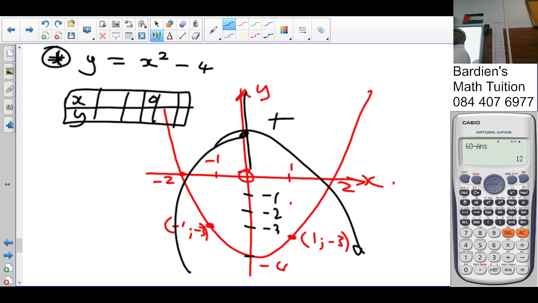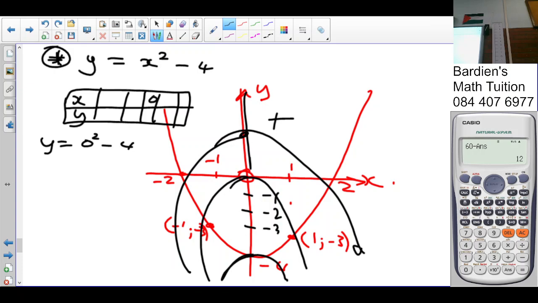Does it make sense? Yes or no? Yes. So why is your graph looking like this, at the bottom? No, it starts from the 0. But if you put 0 in here, y is equal to 0 squared minus 4. So 0 minus 4, which is minus 4.